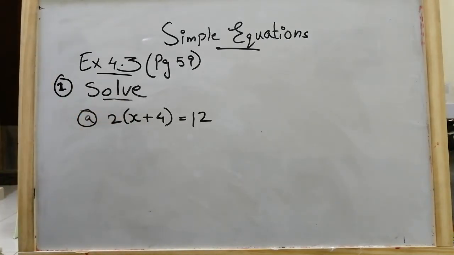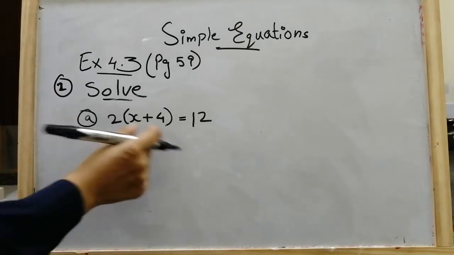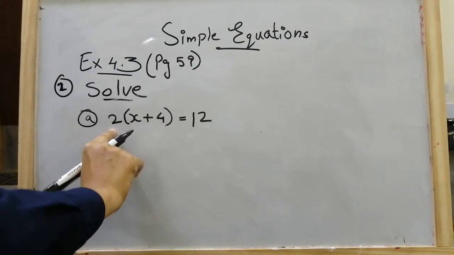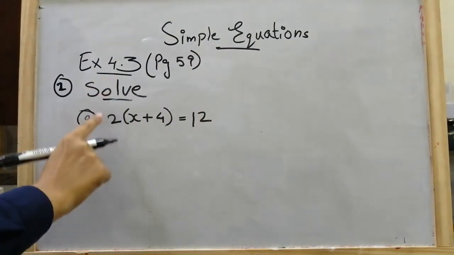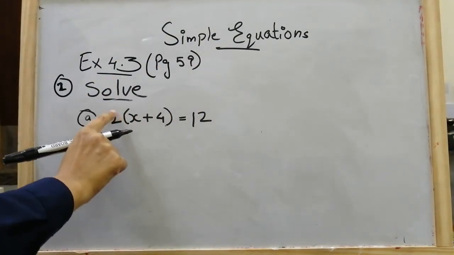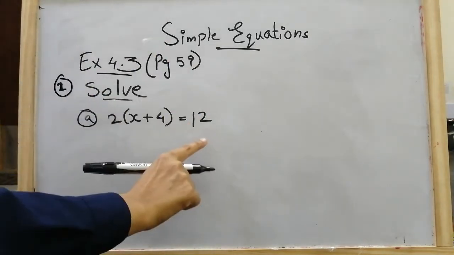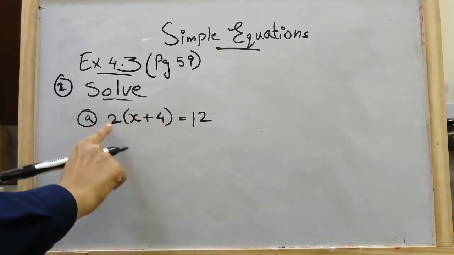Now here what we are going to do first is that the one with the variable inside the bracket, we are not going to touch that. First we will take 2 to the right side. As I told you already, when there is nothing, it means it is multiplied, and multiplication when taken to the right hand side, RHS, becomes divide.